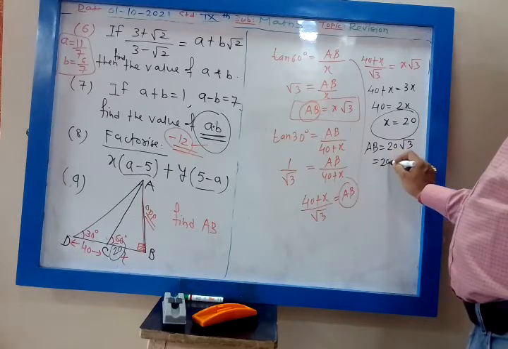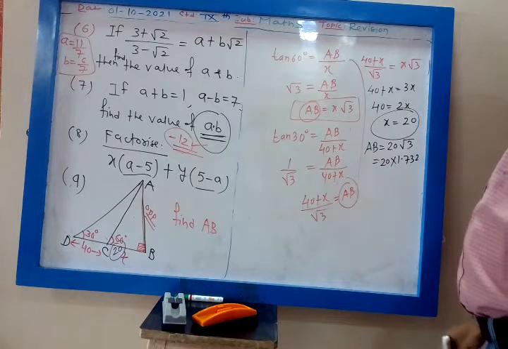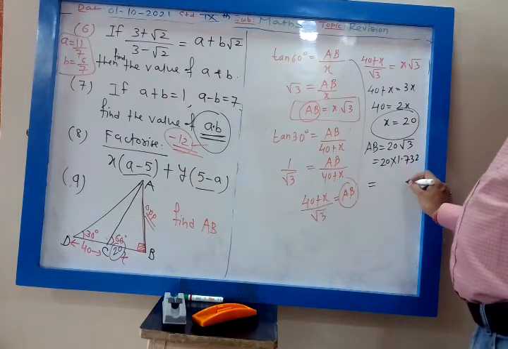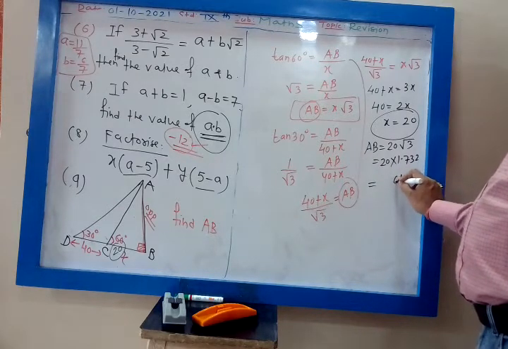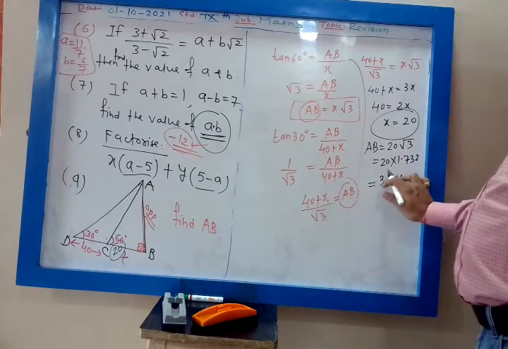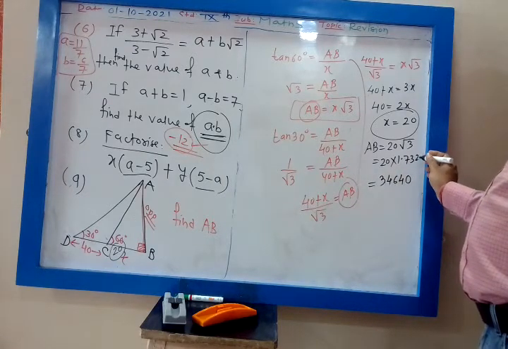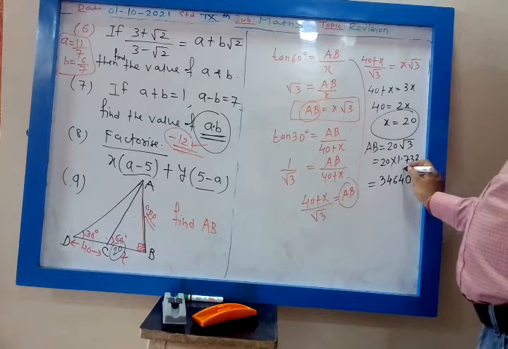Root 3 is 1.732, certain values you remember. Root 2 is 1.414. So 2 2s are 4, 2 3s are 6, 2 7s are 14. So this is 3 4 6 4, decimal after 3 places, 1 2 3 from right.